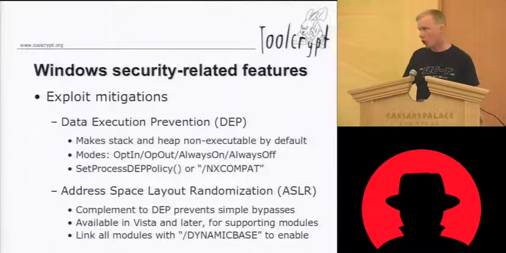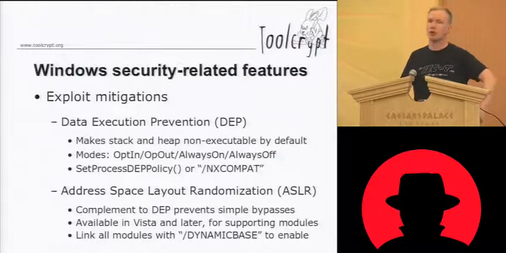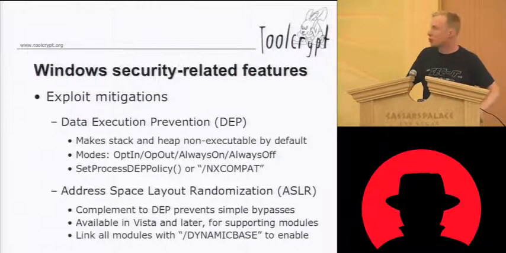So you can no longer insert shellcode in the buffer that overflows the buffer on the stack. It basically sets the executable bit only on memory pages that contain executable code.